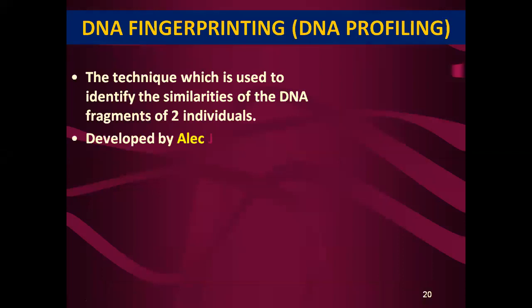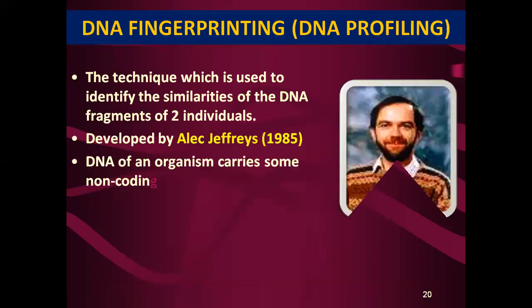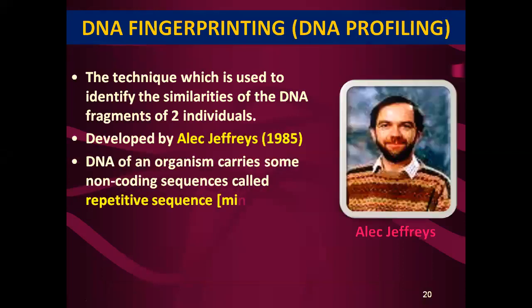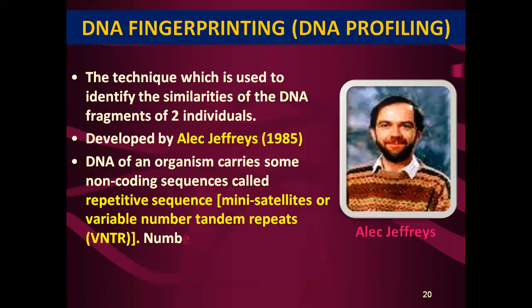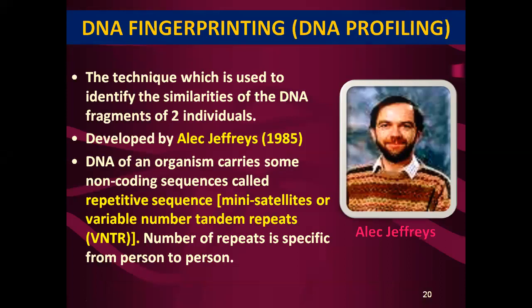It is the technique used to identify the similarities of the DNA fragments of two individuals. Alec Jeffreys identified this in the dystrophin gene. One more piece of information you need to know: the dystrophin gene is the same for everyone, isn't it?